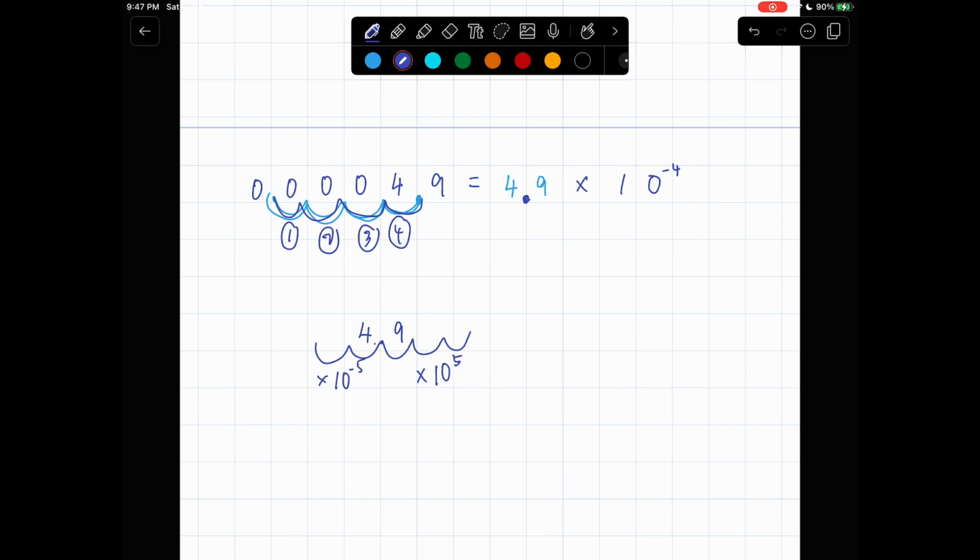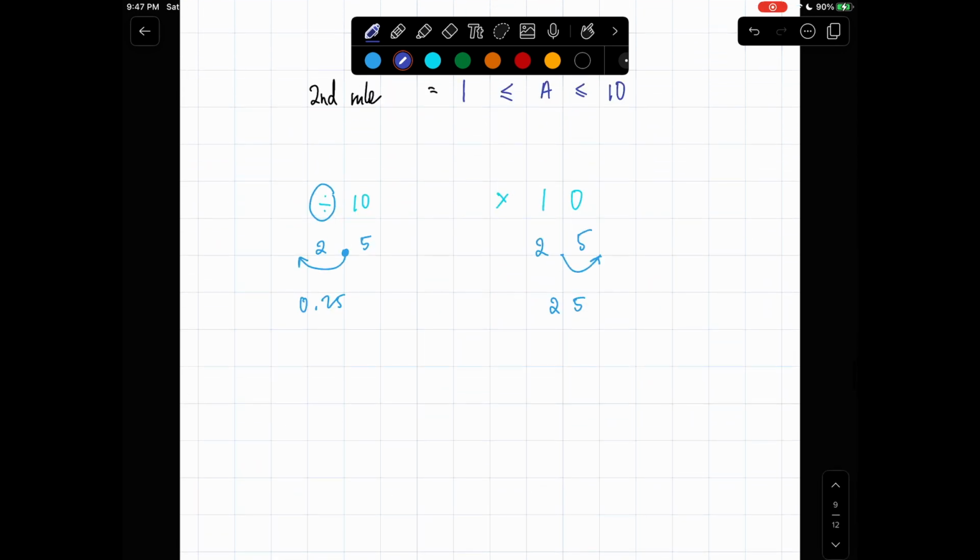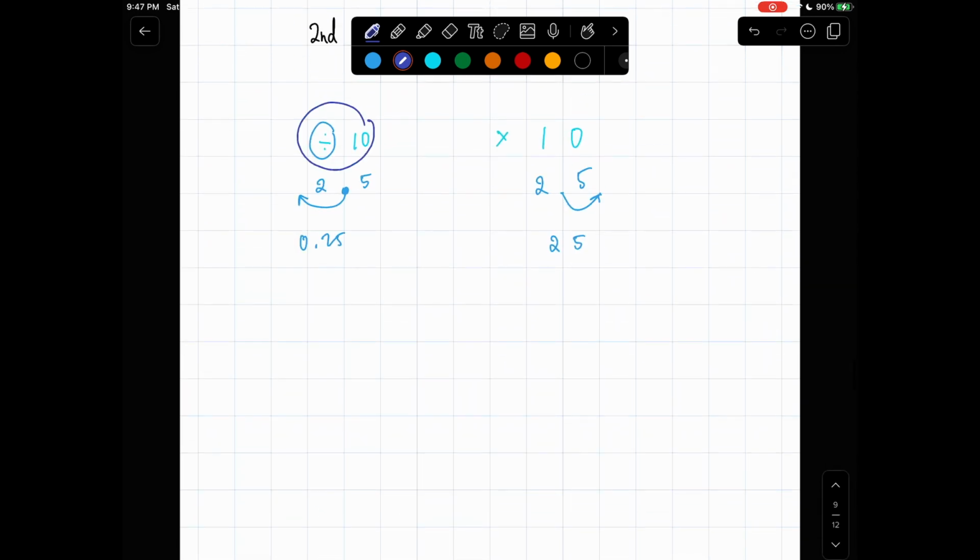If you do not understand this part, I would recommend you to watch my videos on indices and how index works. Because 10 to the power of negative 5 essentially means 1 over 10 to the power of 5. You are actually dividing the number. That's why it's moving forward. That's what I referred to earlier as divide. So divide by 10 and times 10 to the power of negative 1 are both essentially the same.